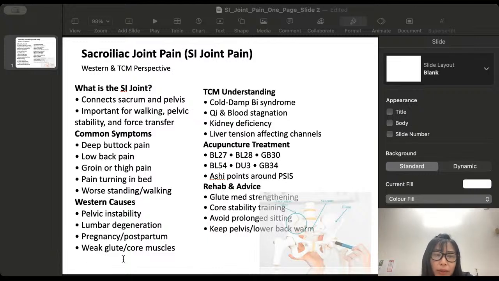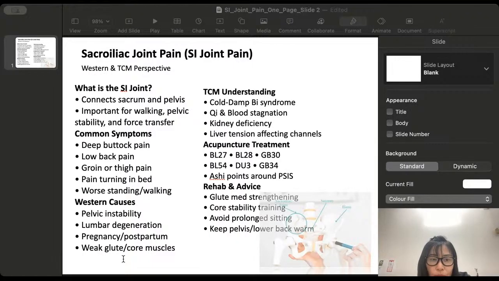Patients then develop pain turning in bed when they are trying to sleep, and pain when carrying the baby. Standing for too long, they will have pain. Single leg pain feels like sciatica, and deep buttock pain. That's a very classic SI joint presentation.